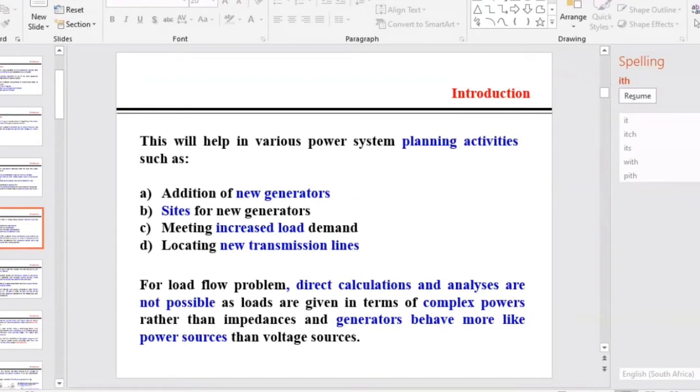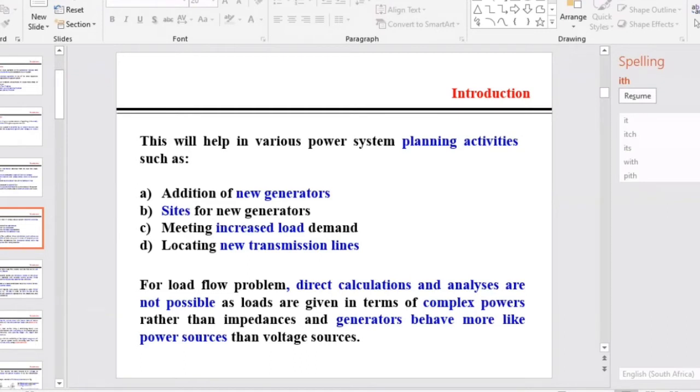Similarly, the generators are not voltage sources. When we did those kind of numerical tutorials in our previous modules, we were given a source which is actually a voltage source. We knew the voltage of that source, so we used that voltage and then used the R L to find out the impedance, then we can find the current, power, and so on.